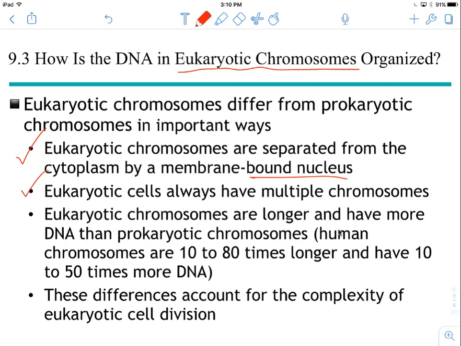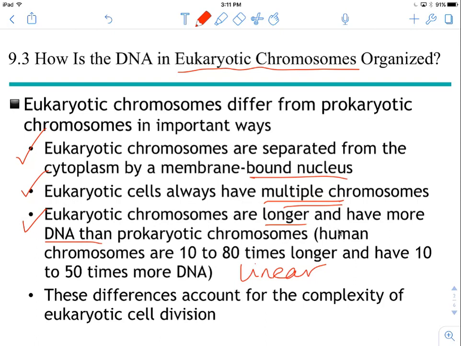Eukaryotic cells always have multiple chromosomes. Prokaryotic cells only have one. Eukaryotic chromosomes are much longer and have much more DNA than prokaryotic chromosomes. And they are also linear, whereas prokaryotic chromosomes are circular.